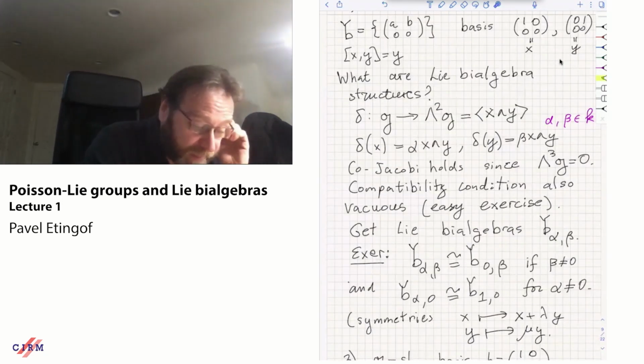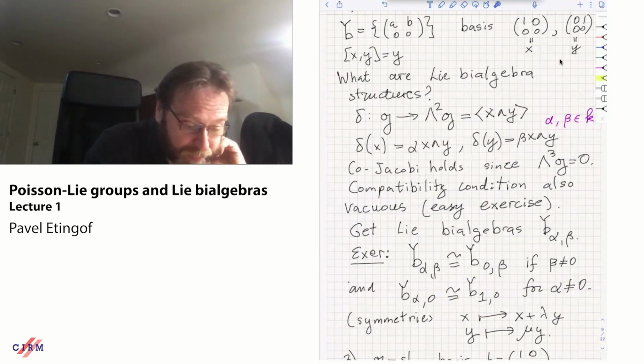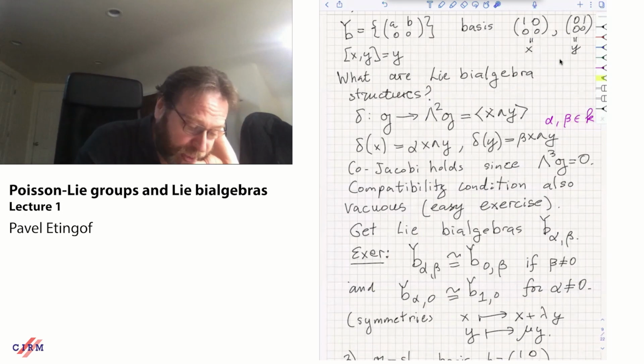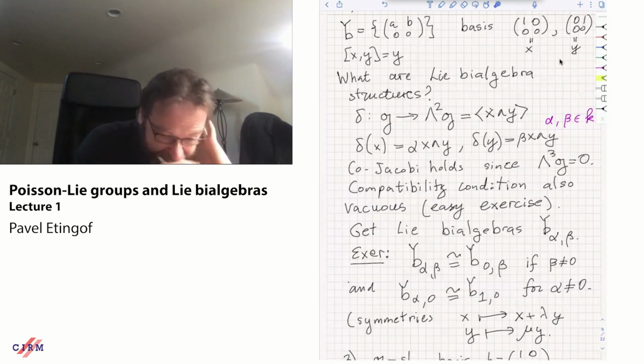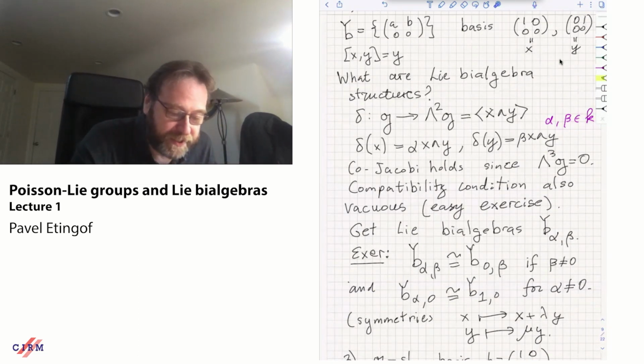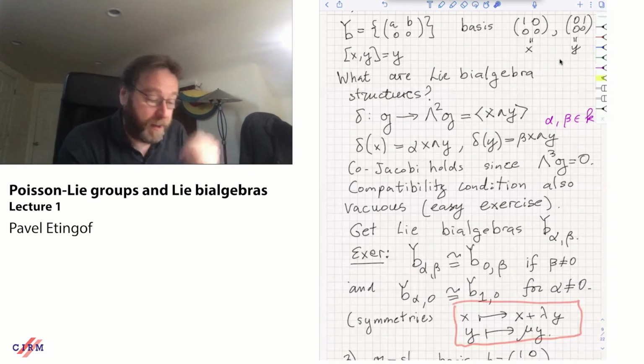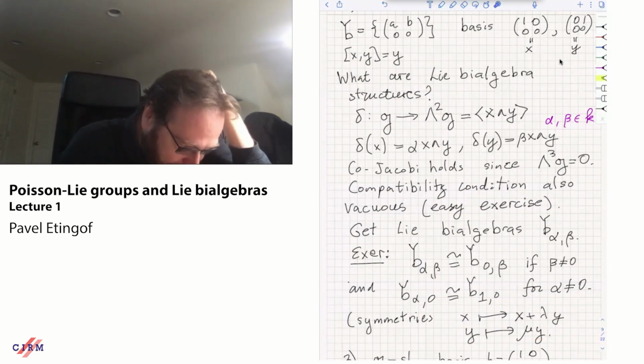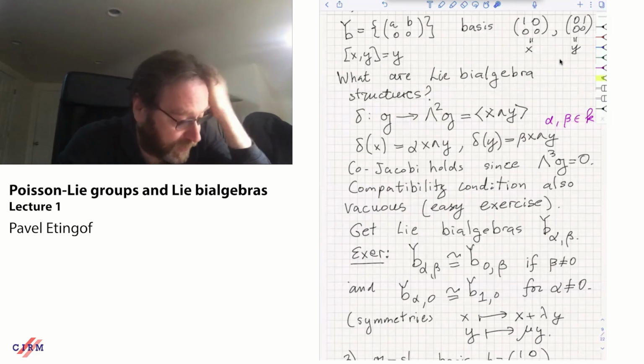And so we get a two-parameter family of Lie bialgebras, B alpha beta, but there are some symmetries. This Lie algebra has automorphisms, which are inner automorphisms, the adjoint action of the corresponding Lie group. If you twist the cobracket by such a symmetry, you get an isomorphic Lie bialgebra.